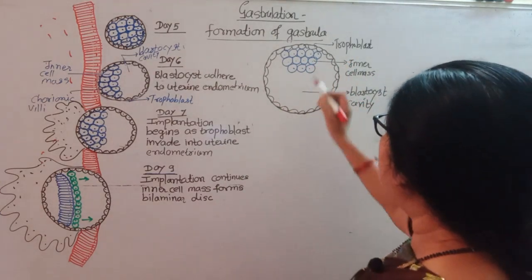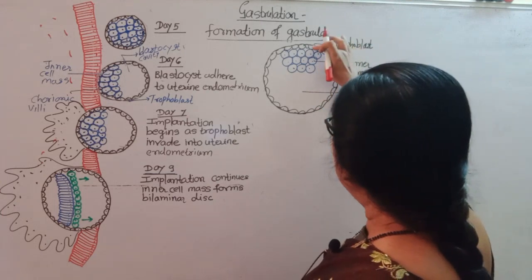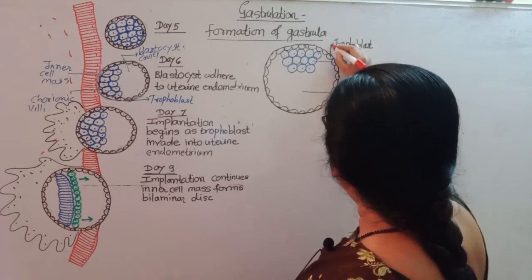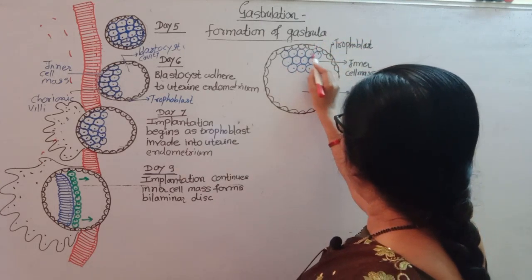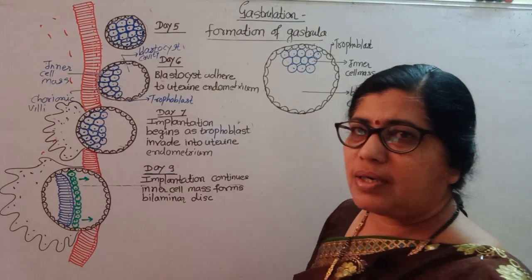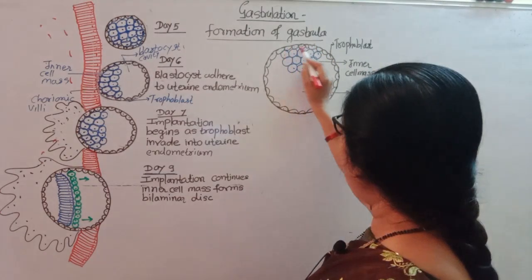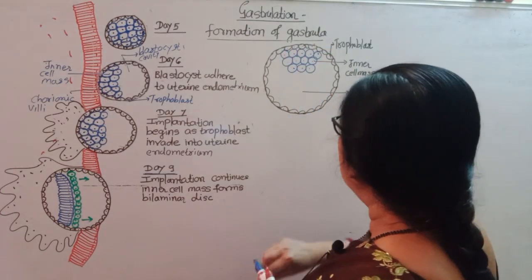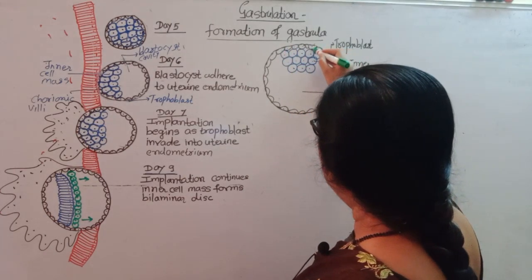And the cells of trophoblast which are in contact with inner cell mass are called cells of Rauber. I will draw this layer with green pen.